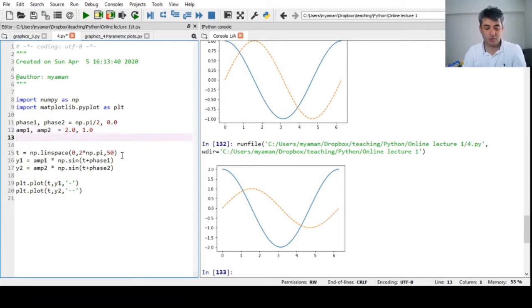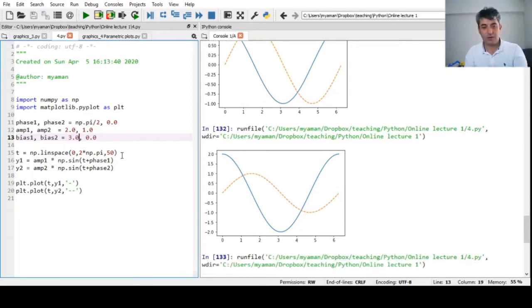Next, I would like to see how a bias factor shifts the curves. Again, I would give, for example, a 3 bias to the first curve and a 0 to the next one. So let's run this.